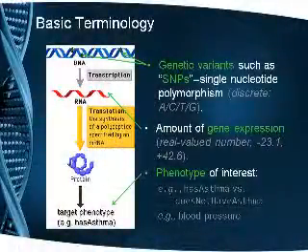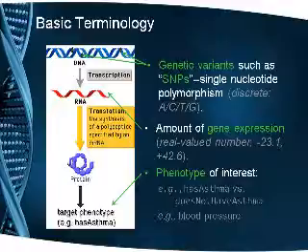So again, a lot of these terms have already been used today, but I'll just go over them once again to make sure we're all on the same page. So what's drawn here is the so-called central dogma of molecular biology, which just shows you the flow of information. Starting with the DNA on the top level, where, of course, you have genetic variants, and I'm going to talk in particular about SNPs, single nucleotide polymorphisms, where you might have an A and I might have a C, and that might explain the difference between why you're susceptible to some disease and I'm not, for example.